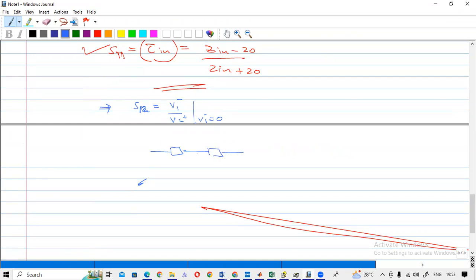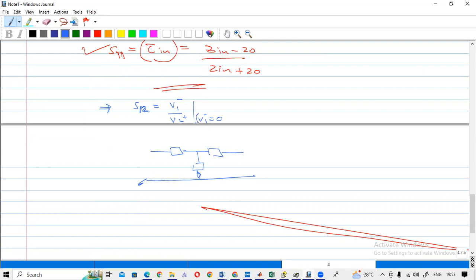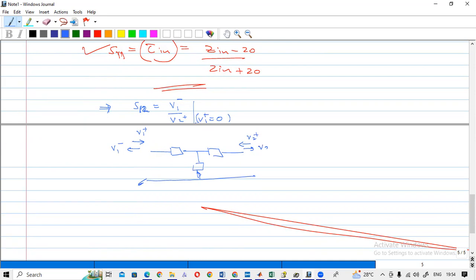This is our circuit, the same way. So this is V1 plus 0. The input to this port is V1 plus, and the reflected voltage is V1 minus. The input to this port is V2 plus, and the reflected voltage at this port is V2 minus.